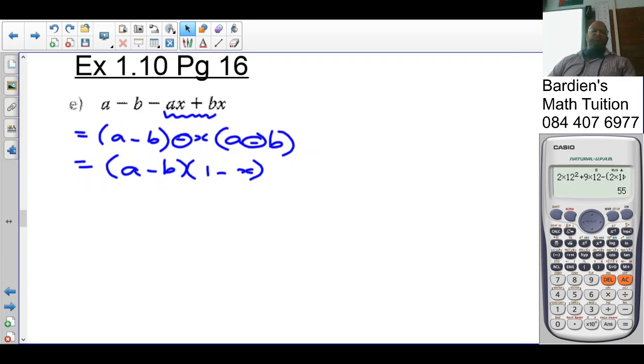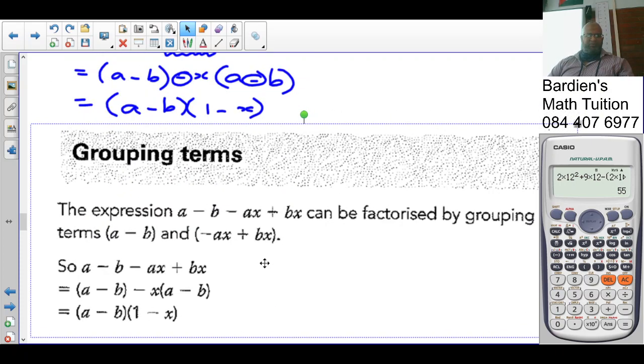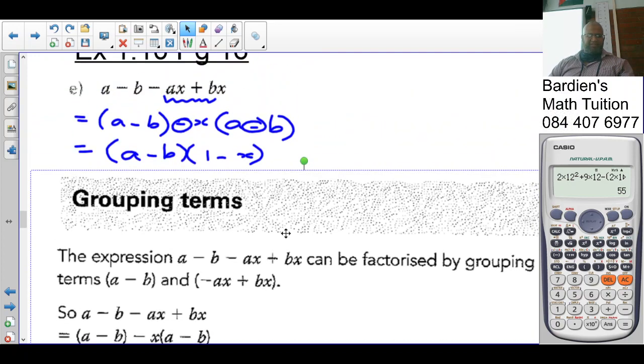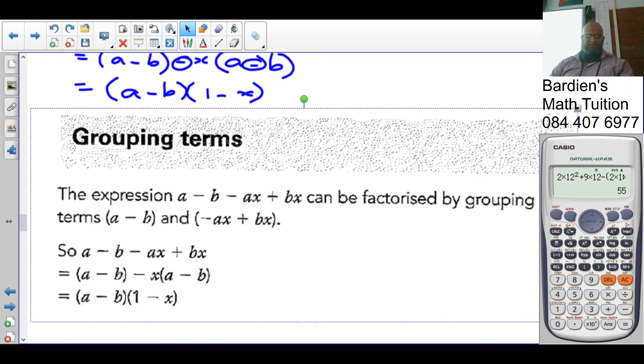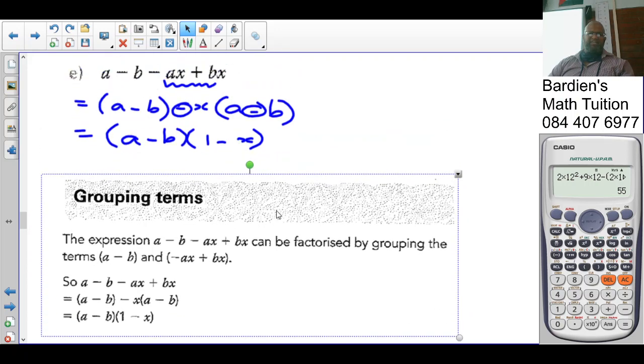So we didn't start grouping terms yet, no? That's your next heading, grouping terms. And the first one we just did now, so I'm not going to do it again. What I could have also done was rearrange as well.